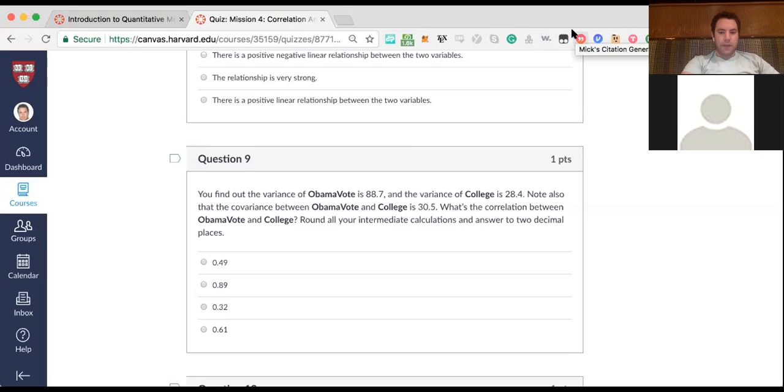They gave us the population covariance, and they gave us 2 variances. And the denominator is the variance of X times the variance of Y multiplied together.